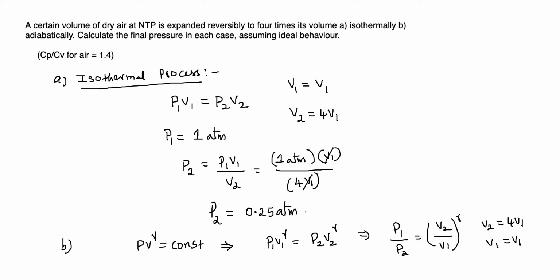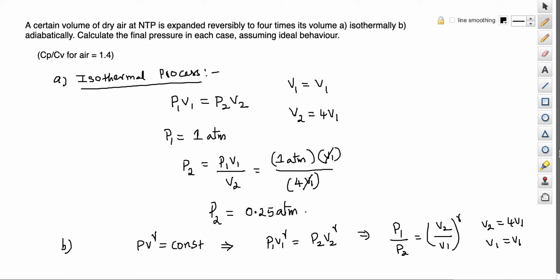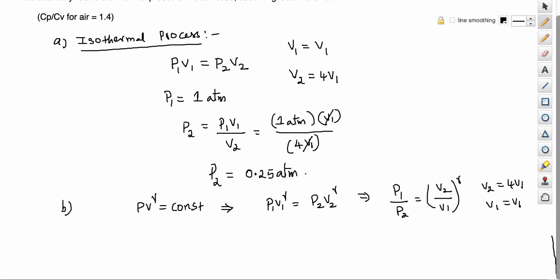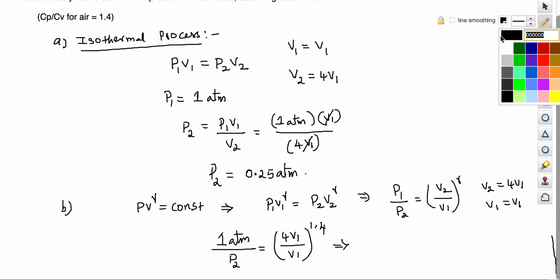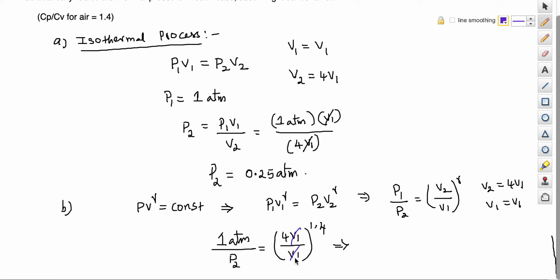So 1 atm divided by the final pressure, which we don't know, is equal to V2, which is 4 times V1, divided by V1, to the power gamma. Gamma is 1.4. So V1 cancels out, and we get 1 atmosphere divided by P2 equal to 4 to the power 1.4.